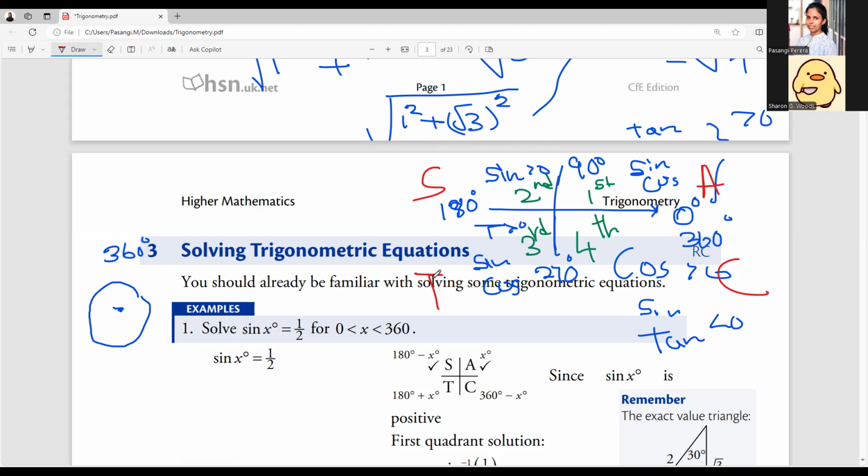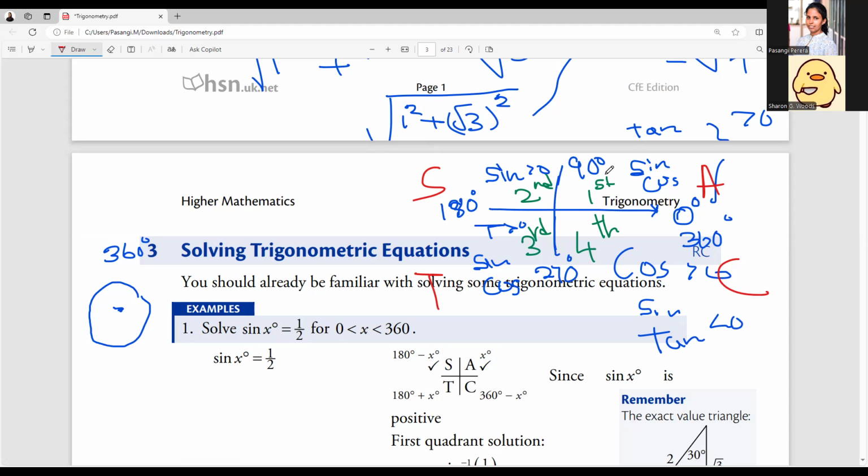Then T stands for tan, and C means cos. Only cos will be positive, the other two will be negative. So that is the method how I recall the quadrants.